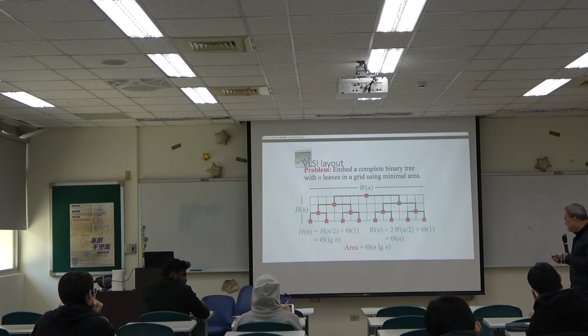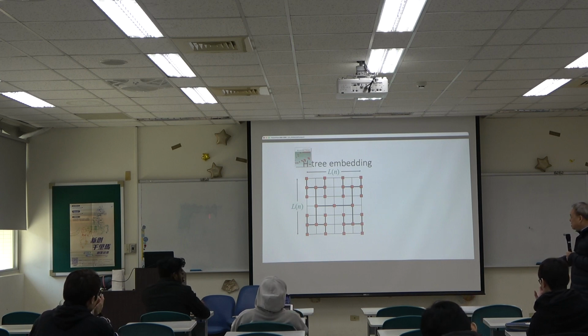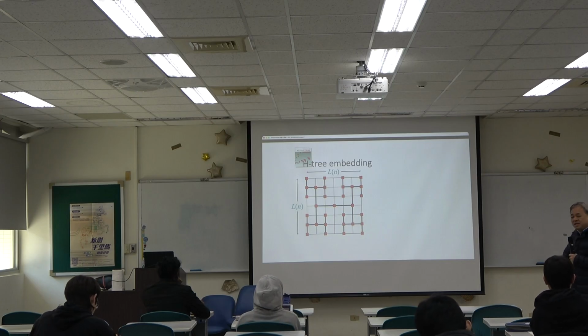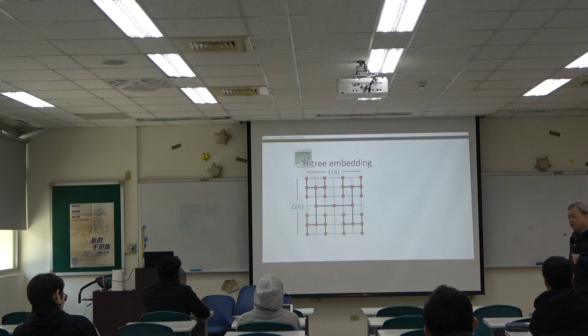It's like this. This one is obviously a square, so we only consider one side, because the area will be the square of one side.